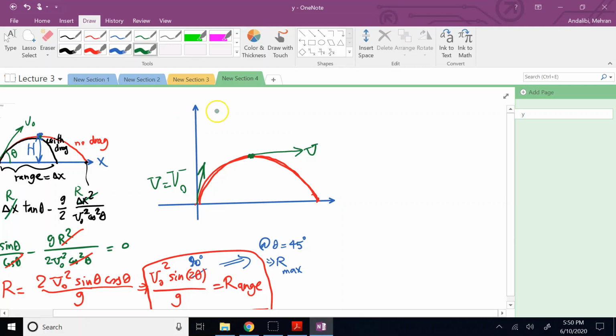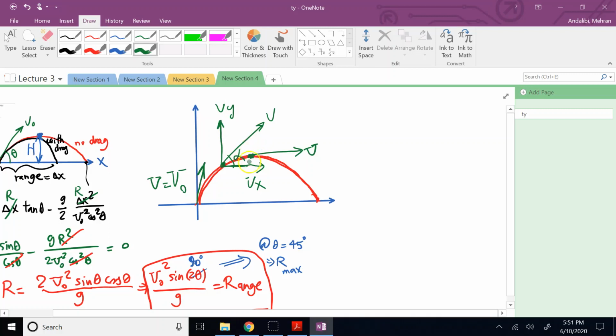At any arbitrary point, you have some angle alpha, and your v has two components, a vx and a vy, where vx is cosine alpha times v, and vy is sine alpha times v. But at the top, the vy component is 0, otherwise this guy keeps going up further.